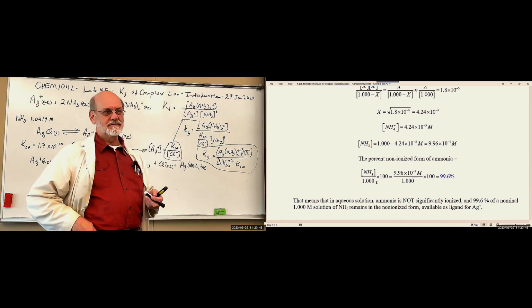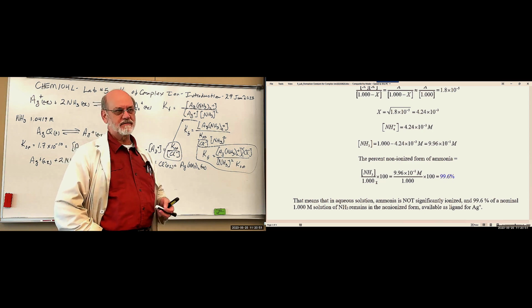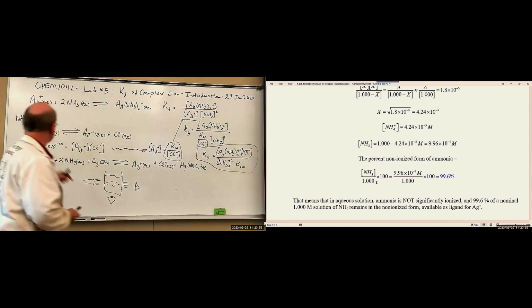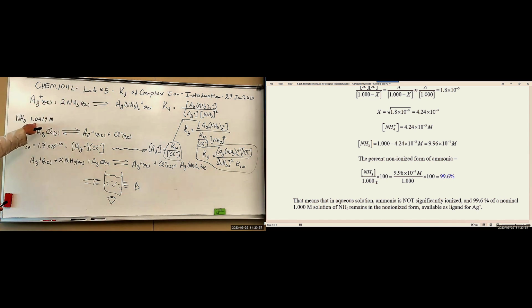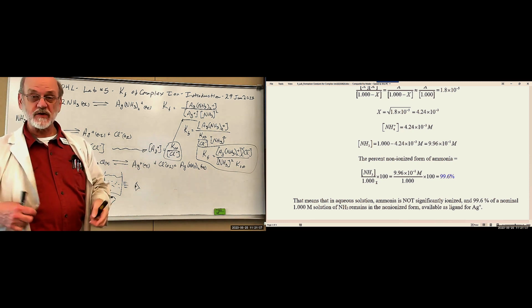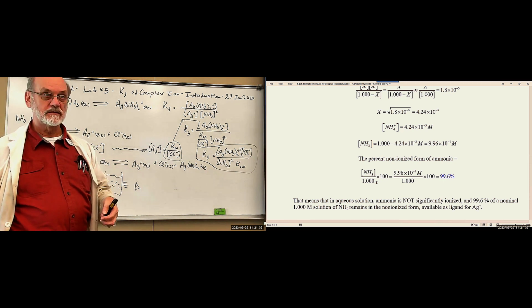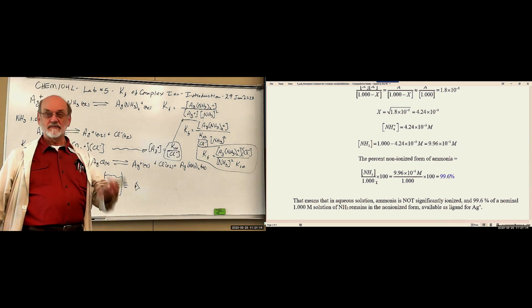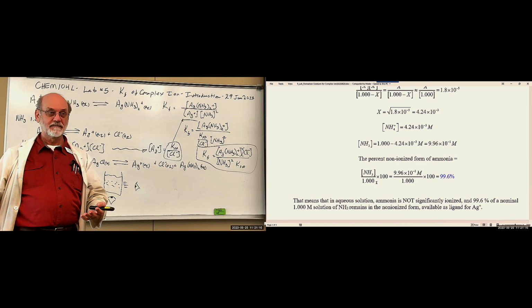But I probably ought to, just to see if it works. Otherwise, we assume the concentration is 1.041 molar. 99.6% of that would be like 1.03 something. But the concentration is not 1 molar. Ammonia is not 1 molar, because we've diluted it by 100 milliliters, right?